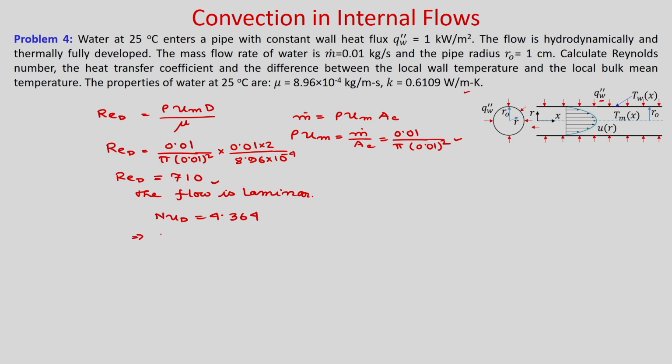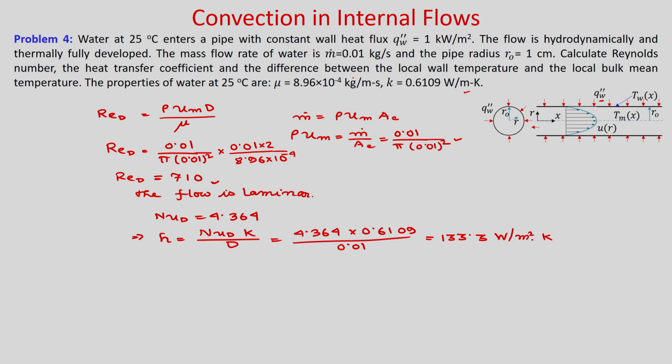So, from here you can calculate H as Nusselt number into K divided by D. So, it will be 4.364 into K is given as 0.6109 divided by 0.01. So, if you calculate it you will get 133.3 watt per meter square, okay, Kelvin.